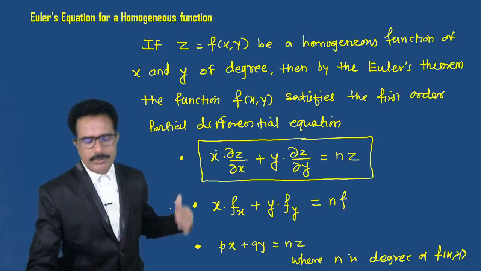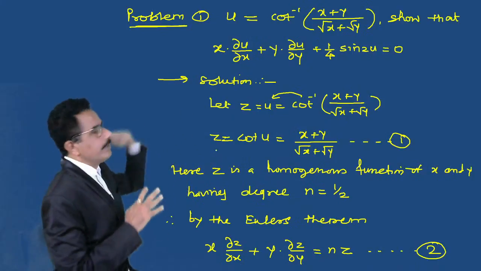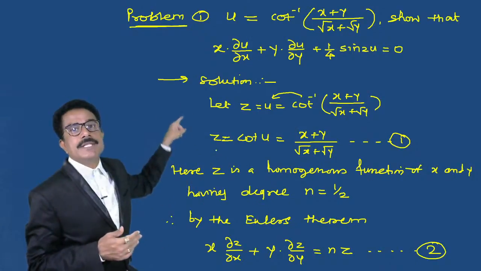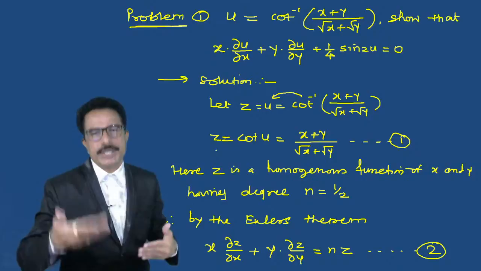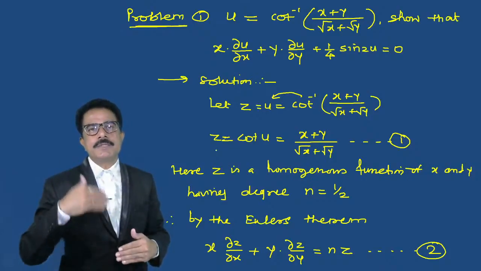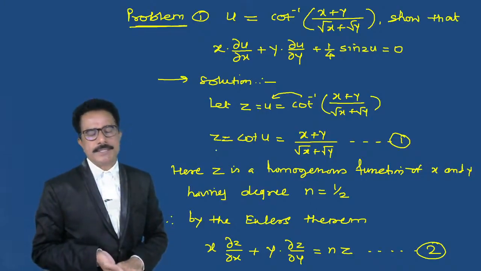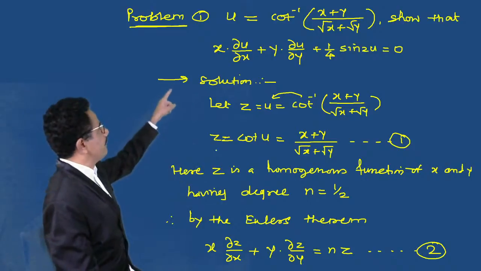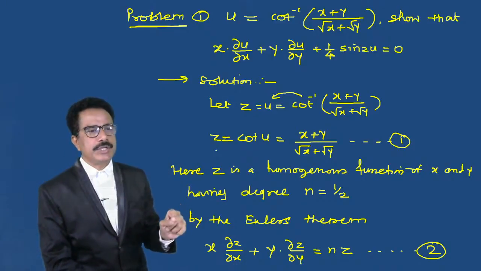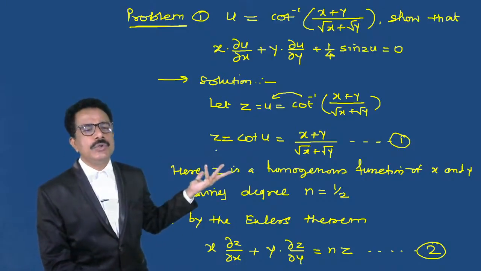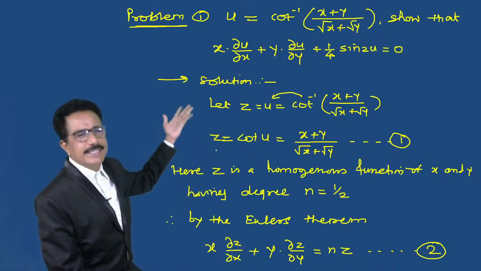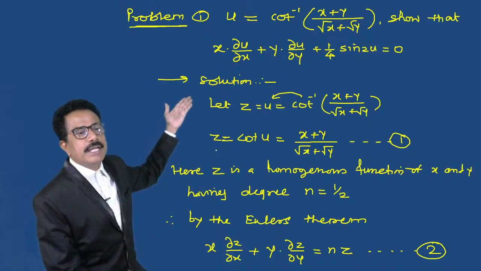Okay, now आता याच्यावरचे example घेऊ, problems घेऊ. See this example based on the Euler's equation or the examples based on the partial differential equation. This is the first example here. If u is equals to, you can use u or you can use z. इथं काय अडचण नाही. You can write z also.